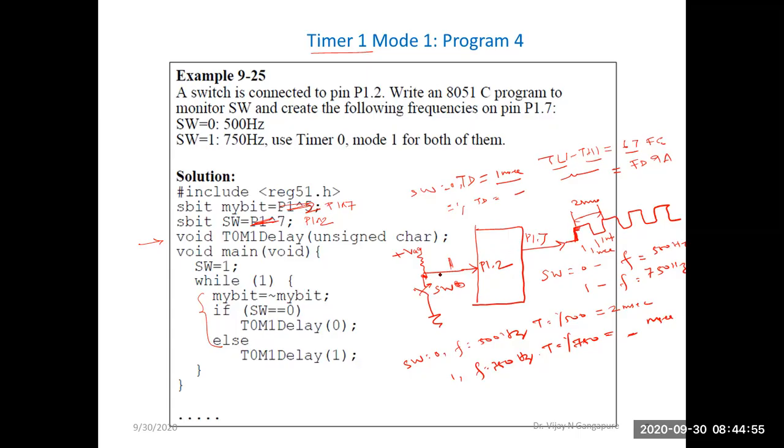Then if switch is equal to 0, this is a relational operator. If the switch is on, I have to call T0M1 delay and pass the value 0. In the declaration of this T0M1 delay, in the parenthesis I have written unsigned char, which means I am passing an unsigned char type of value to this function.